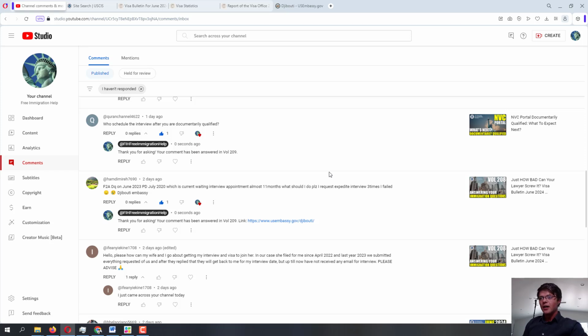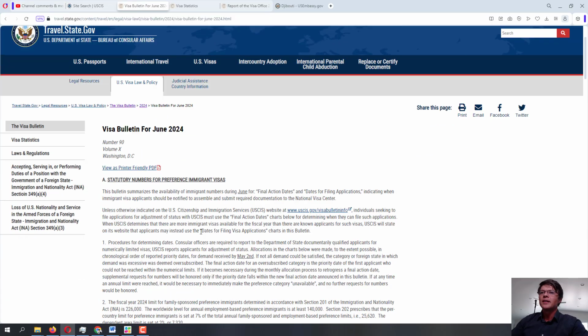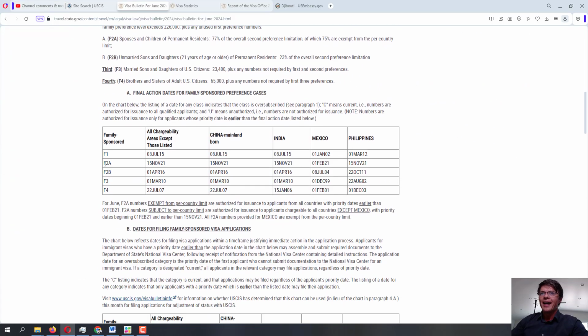But if you're in the F2A category, if your wife is a permanent resident and she's petitioning for you, then we are looking at the visa bulletin, and she filed back in April 2022. Currently, if we look at the visa bulletin, F2A priority dates that are becoming current are November 2021.